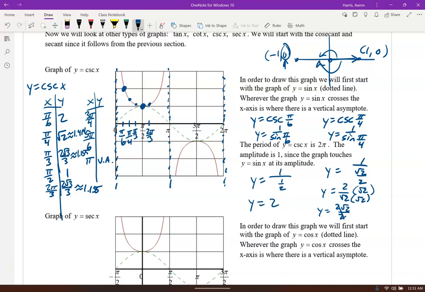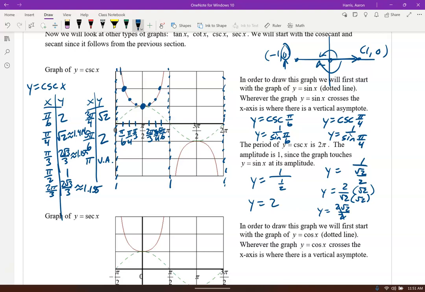And I'd plug in 3 pi over 4, and I'd get root 2, and then I'd punch in 5 pi over 6, so 1 over sine of 5 pi over 6. Well, the sine of 5 pi over 6 is 1/2, so I got 1 over 1/2, which is 2, and so on.